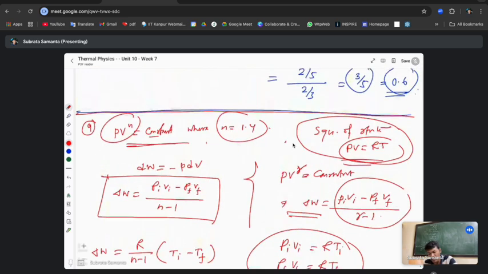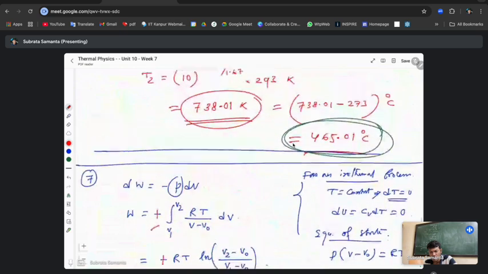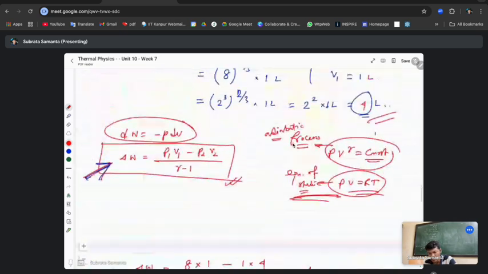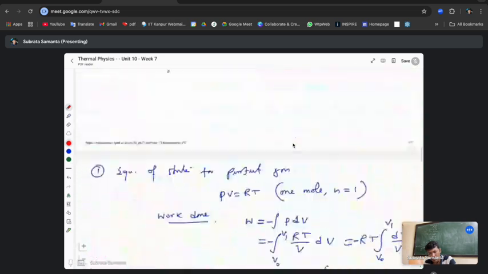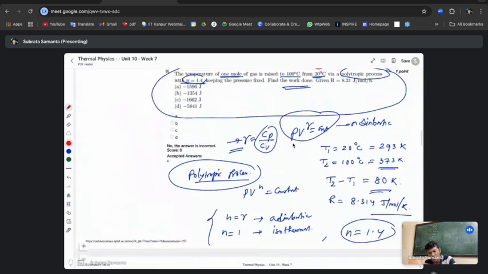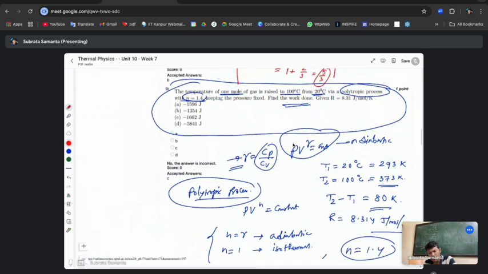So now in the given problem, what is Ti minus Tf? So if you look into this, T1 is 293 Kelvin, from 20 degrees centigrade, and the temperature is raised, keeping the pressure constant, okay, and the temperature changes from 20 to 100, so that means there is a negative sign, right?